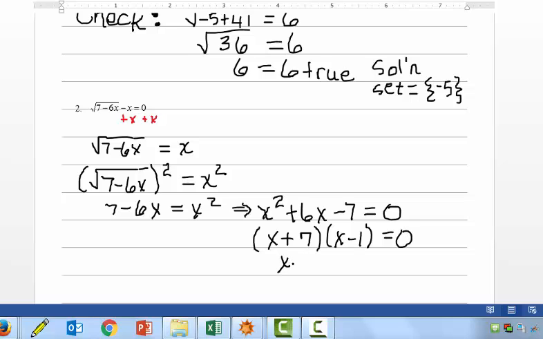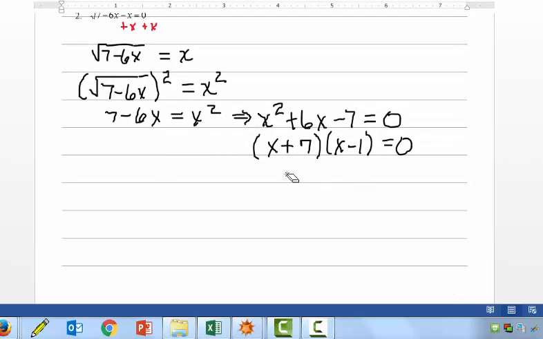So when I set x plus 7 equal to 0, I get x is -7. Let me just show that step, just in case anyone has questions about that.